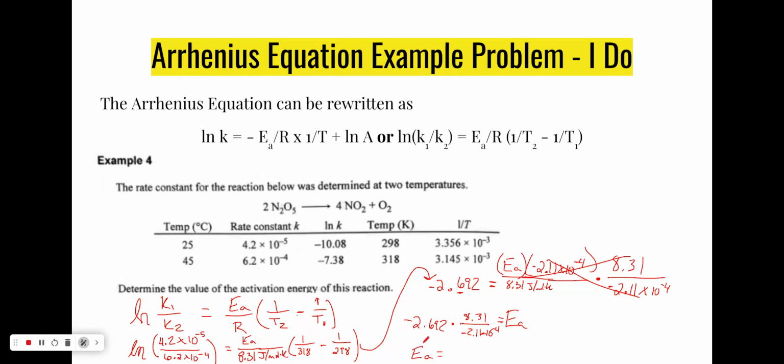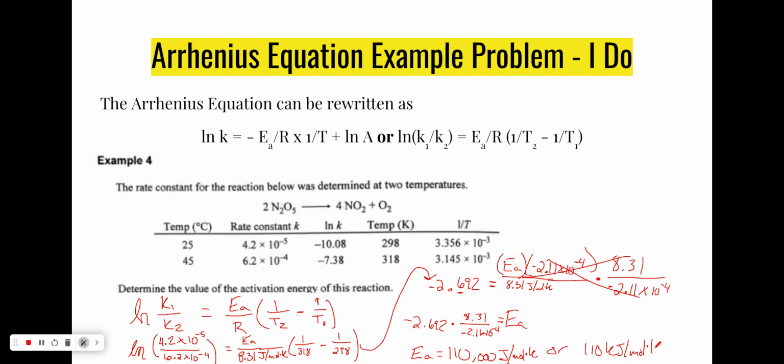And we get the E-act to be 110,000 joules per mole, or 110 kilojoules per mole.